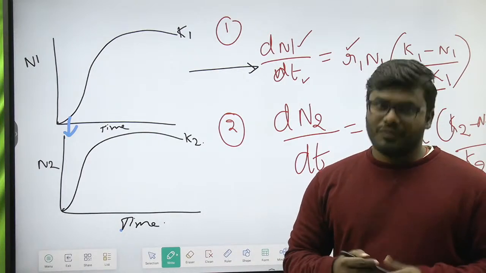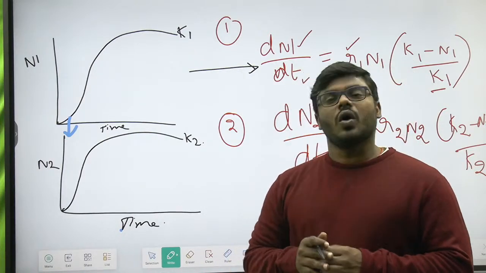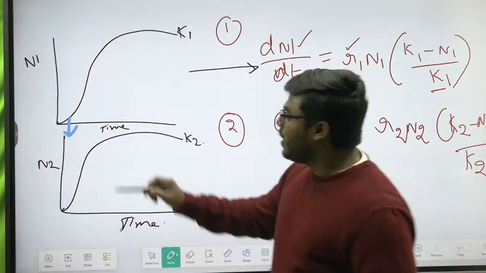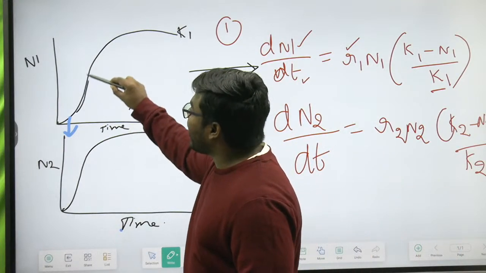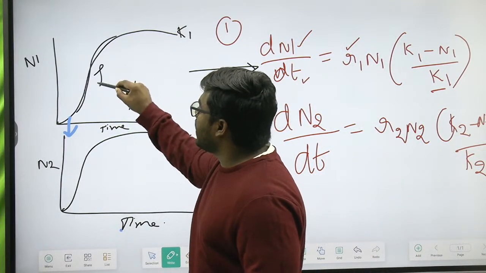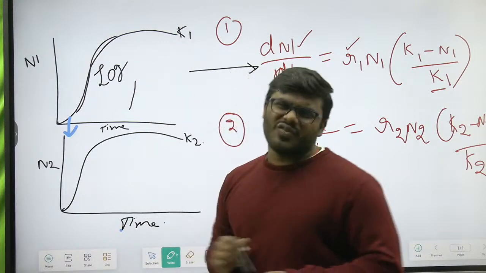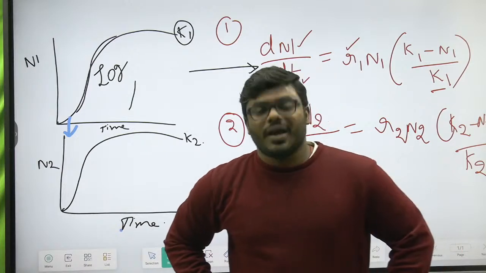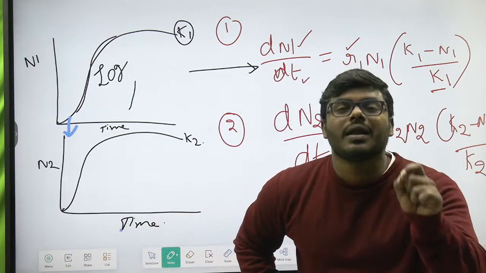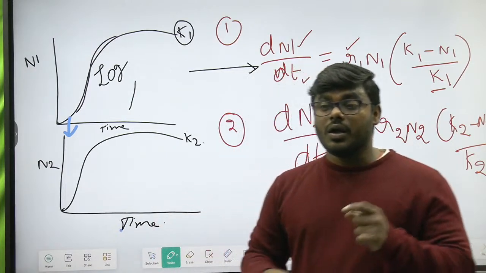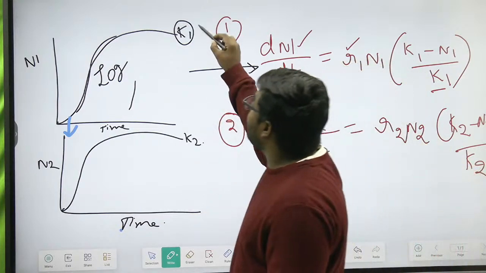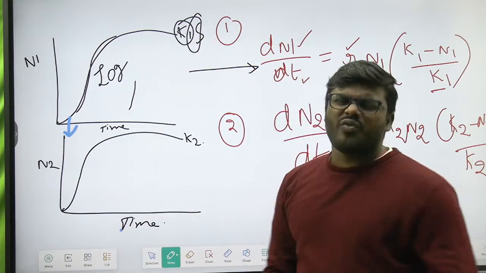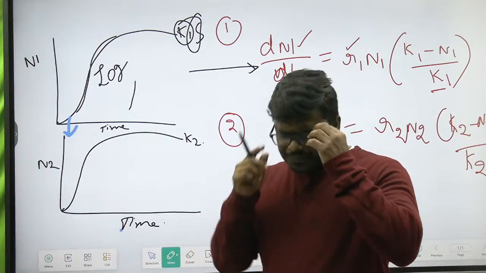Once I prepare, which we call the lag phase, and once all the conditions are established, what happens? I will grow exponentially, which we call the log phase. We all know this very well. And once it reaches K, what is that K? I told you many times, carrying capacity. Once it reaches the carrying capacity, it will enter into the stationary phase, followed by the decline phase.